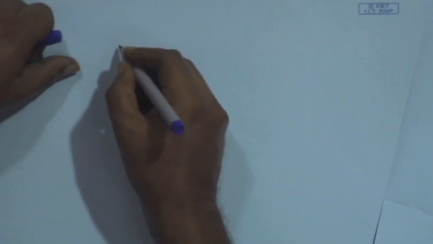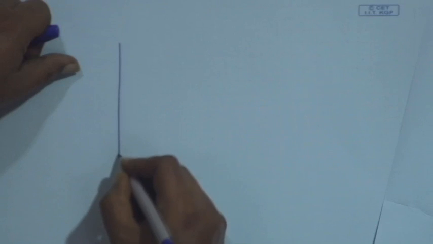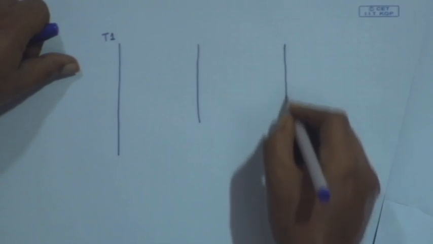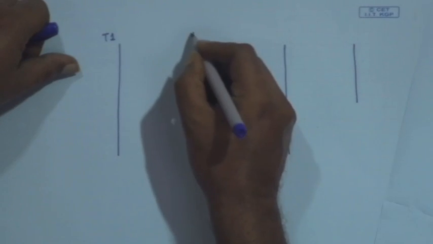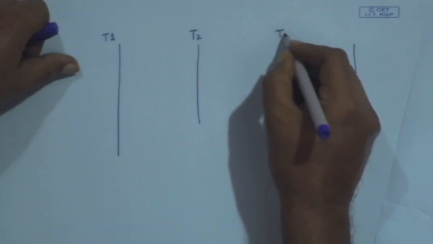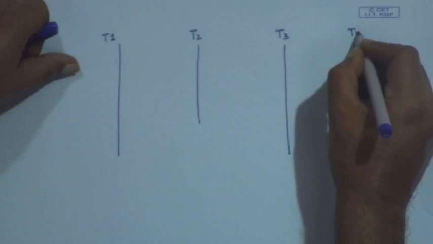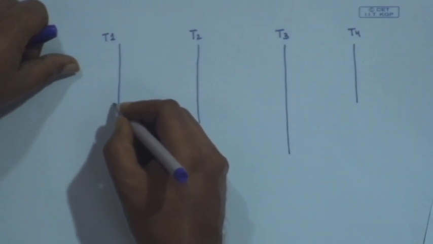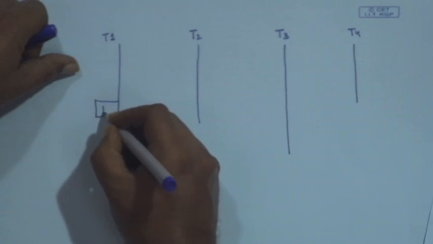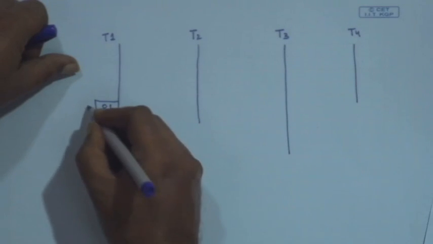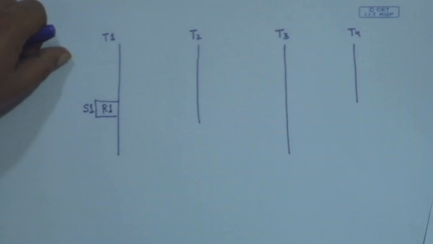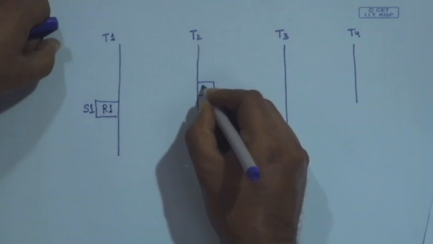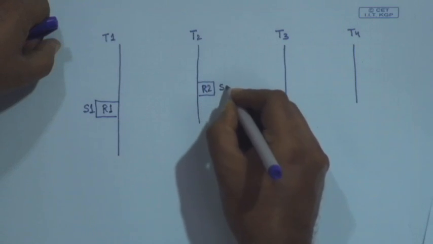So, you see that there are a number of tasks T1, T2, T3, T4. All are executing, and this one requests say resource R1, which is guarded by semaphore S1. This one asks for resource R2, which is guarded by semaphore S2.